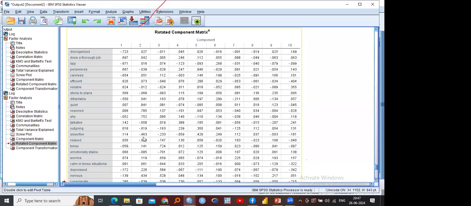So all these, for example, from disorganized to distractible, all these people have somewhat similar personality type is what we're meaning. I would not say that people have. I would say that these variables are similar to each other. How are lazy and efficient then similar, ma'am? It doesn't make sense.